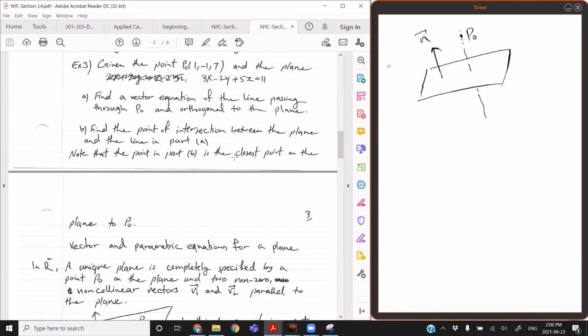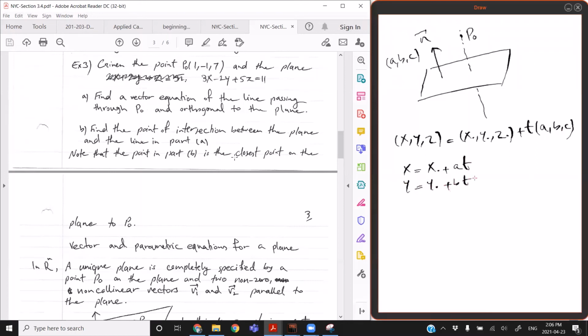So if this normal vector is A, B, C, then the equation of the line is x, y, z is P0, X0, Y0, Z0 plus t times the vector A, B, C. So X is going to be X0 plus At, Y is going to be Y0 plus Bt, and Z is going to be Z0 plus Ct.